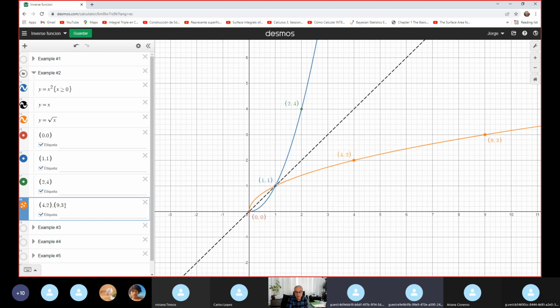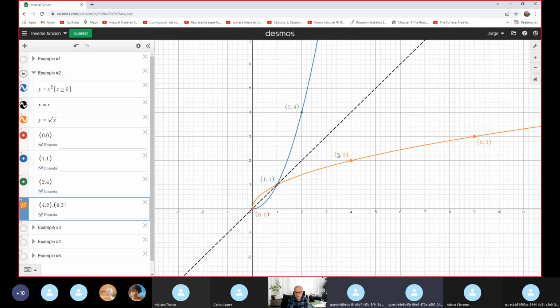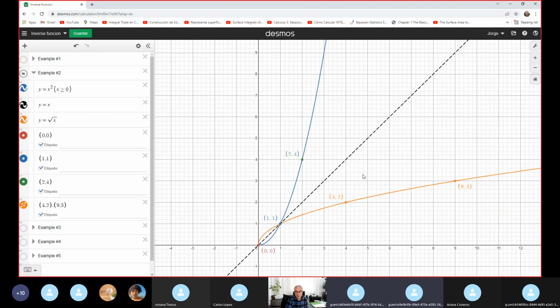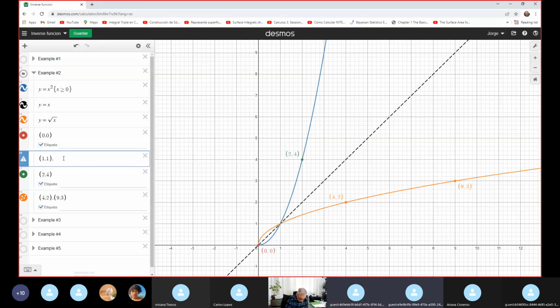Too far, but it's nice. And the corresponding value in the other function is 3,9, no? Because 3 is the square root of 9. Okay, in what color? In this color, blue. 3,9.